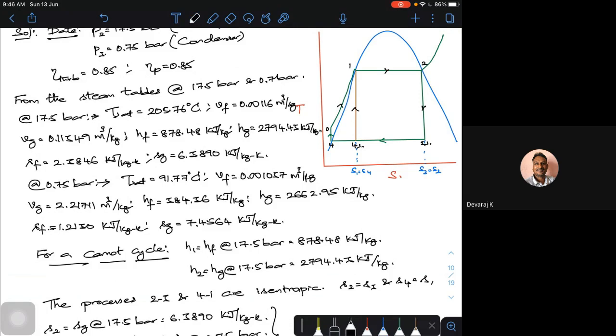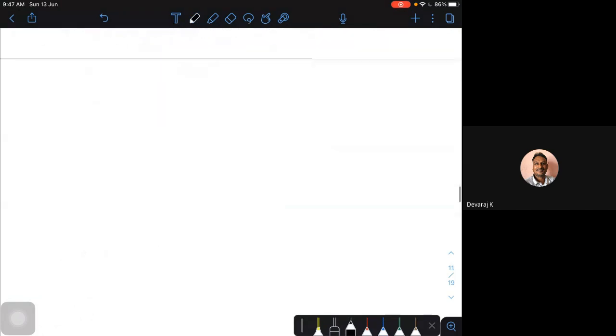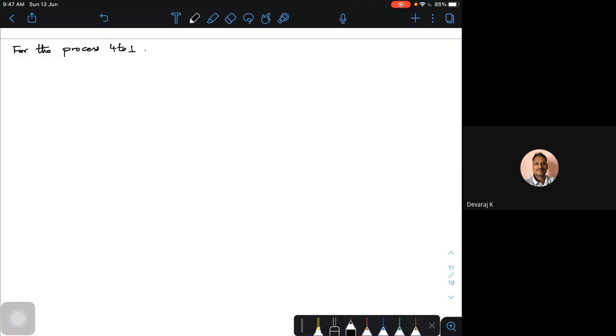Now for the process 3 to 4, either 4 to 1, whatever it may be, it is isentropic, which means your S1 is equal to S4, the entropy is the same.